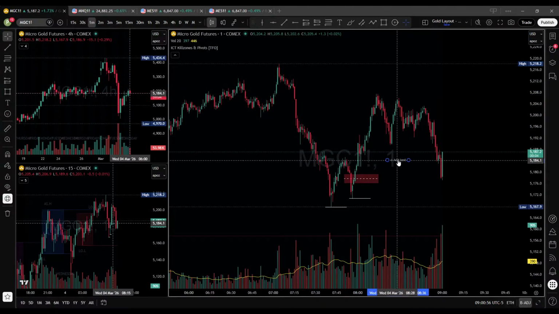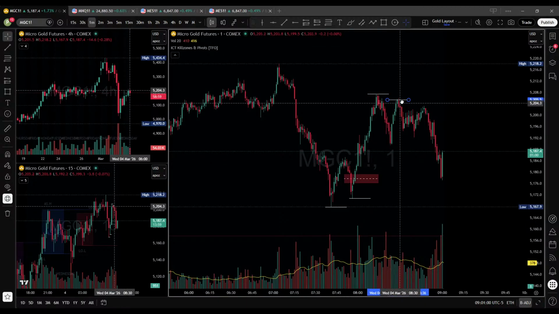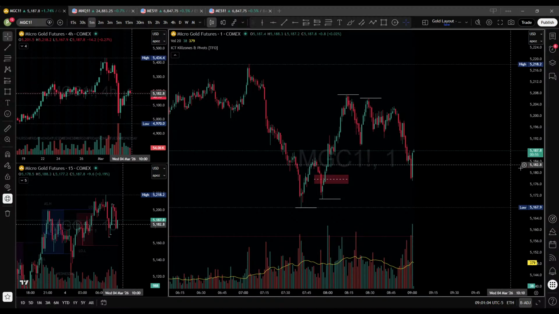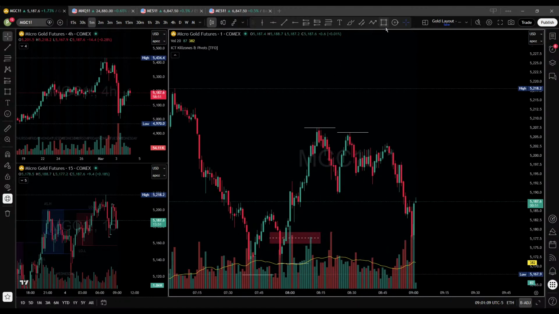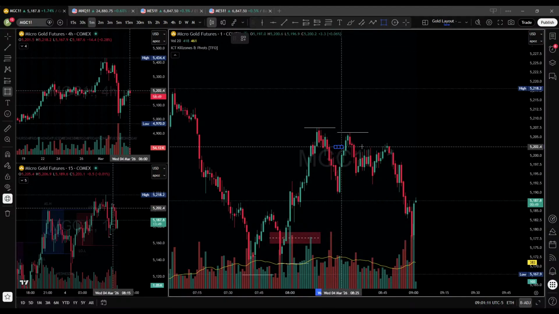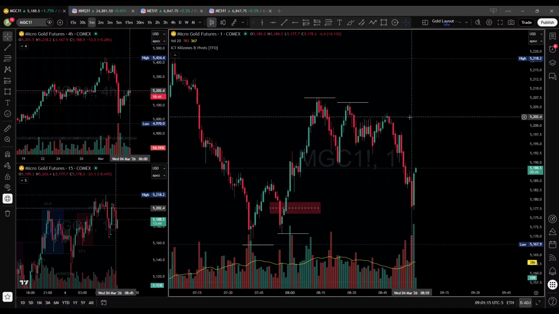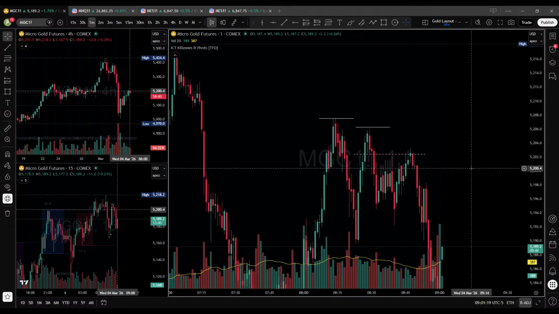Same thing happened here. Swing high, another swing high here. Did not break out this high. Did we see any bullish fair value gap inversion? Yes, we did, and that inversion was somewhere here, very small, but inversion was here. I did take a short entry here, somewhere at this location.